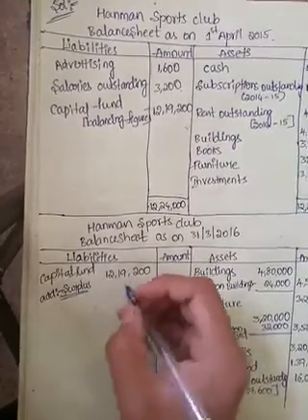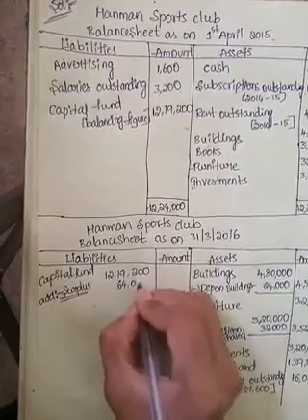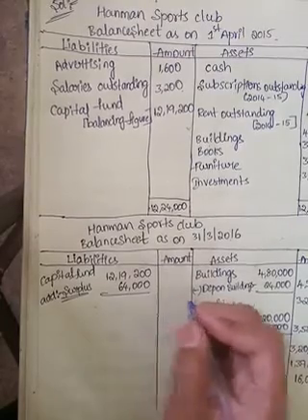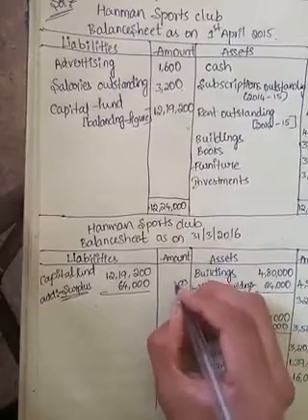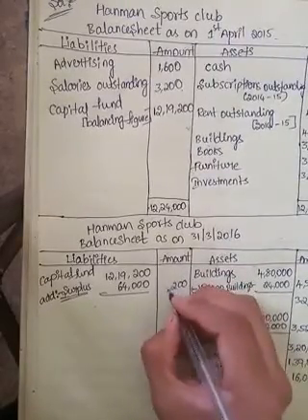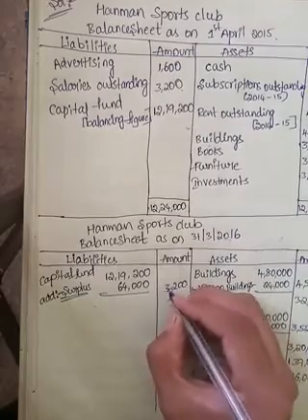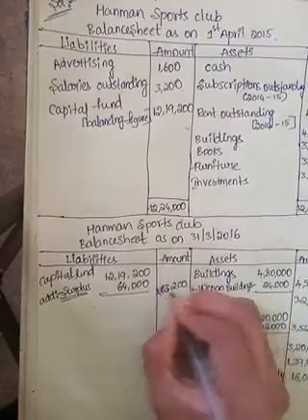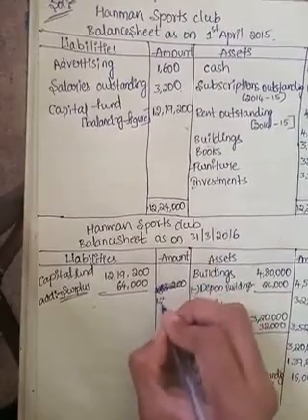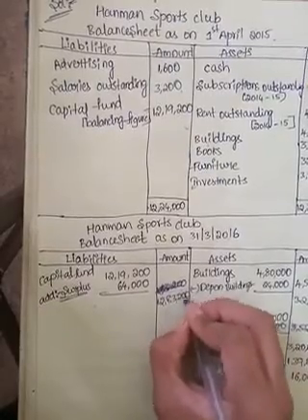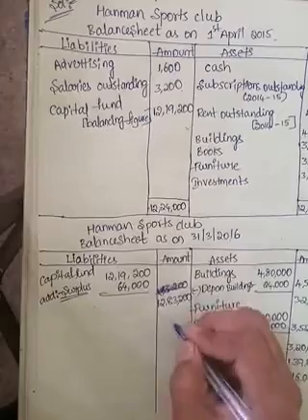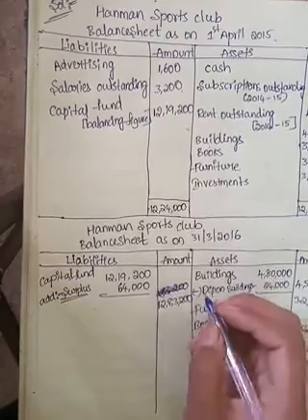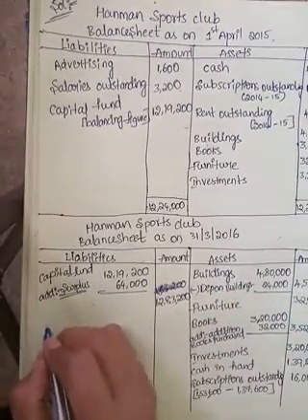Surplus amount is 64,000. How much do we get? 12,83,200. This is the total capital fund amount, 12,83,200.